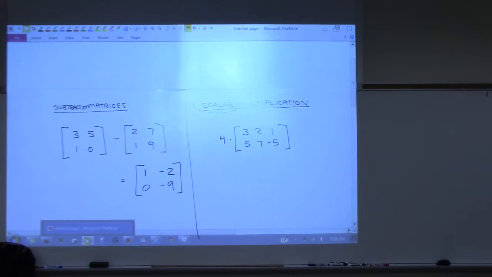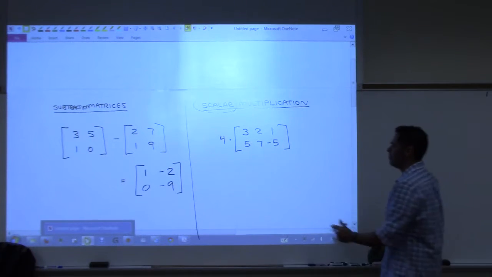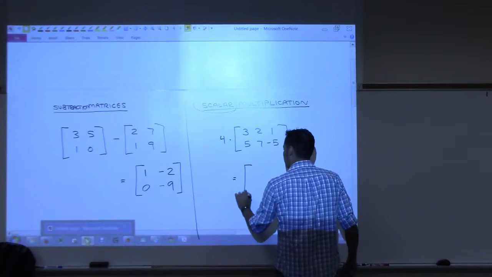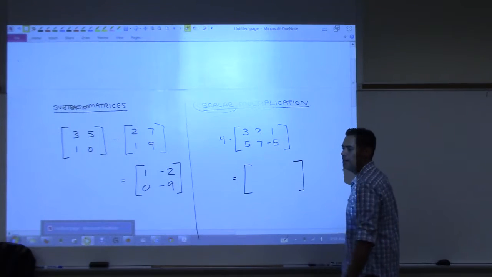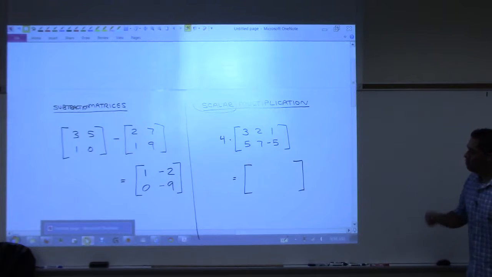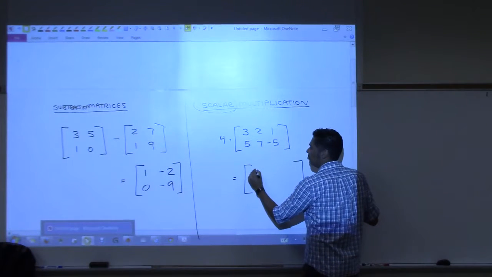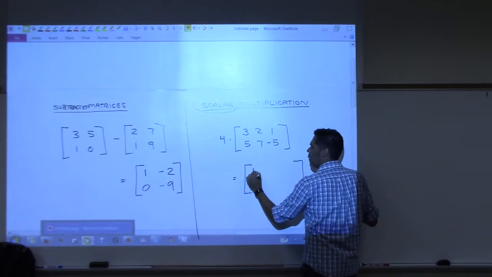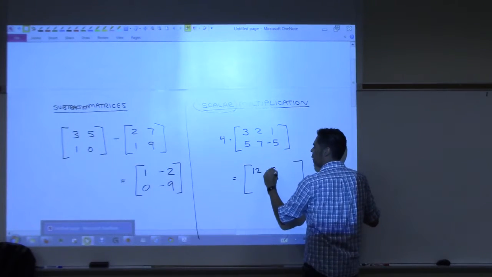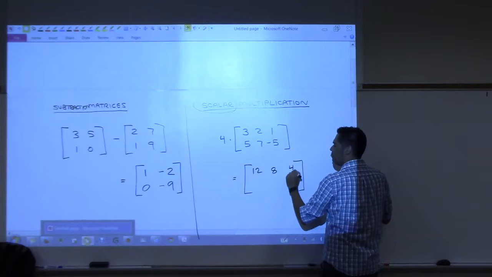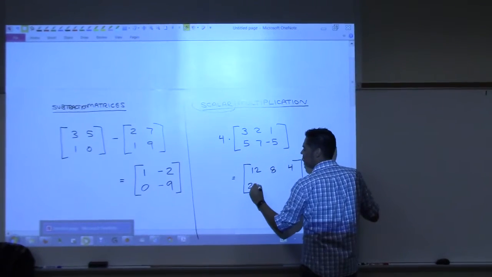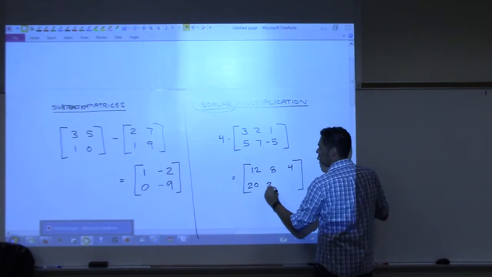What do you think that means I do? 4 times every element. Every element gets multiplied by 4. So we would get a new matrix. It would still be a 2 by 3, but it will become now what? 4 times 3, 12. 4 times 2, 8. 4 times 1, 4. 4 times 5, 20. 4 times 7, 28.